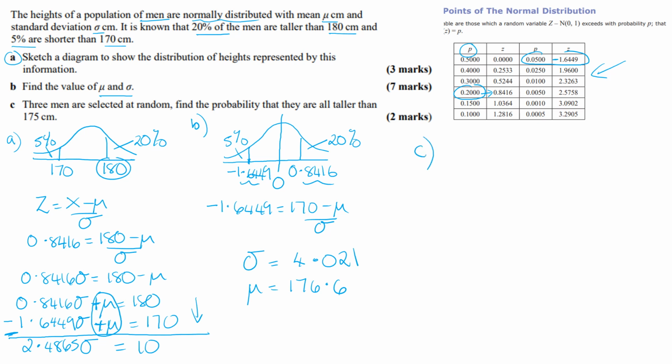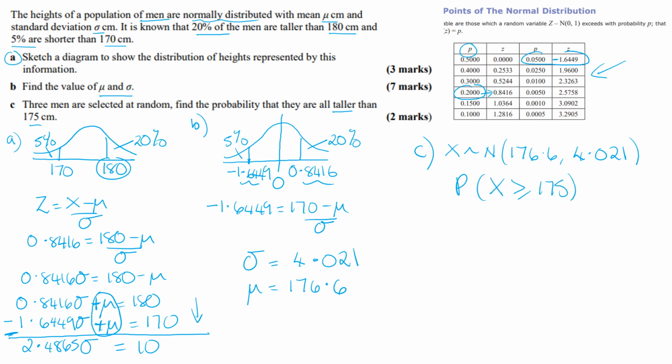And then in part C, 3 men are selected. Find the probability that they are all taller than 175. So now we know what mu and sigma is, normally distributed with 176.6 and 4.021. What is the probability of x being bigger than 175?